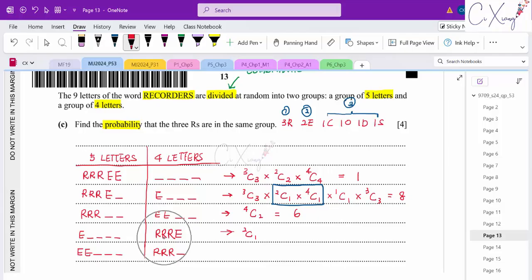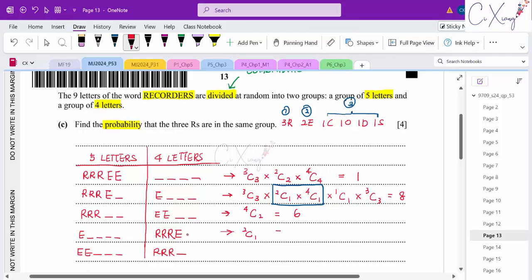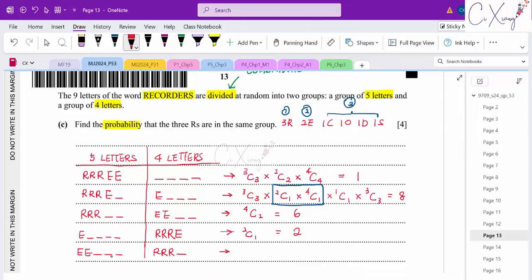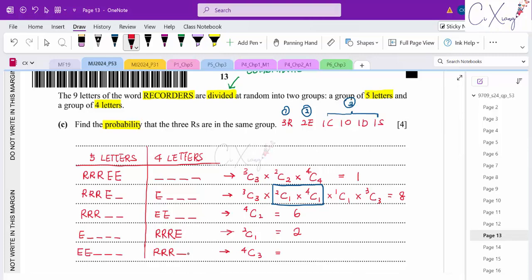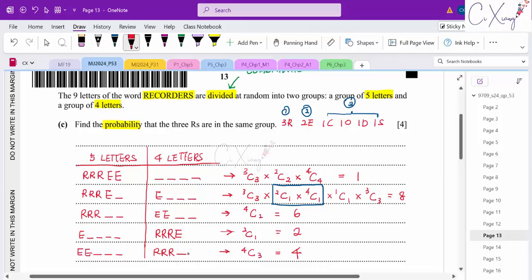Then in the 4 letters group, 3C3 for the R, 1C1 for the E. So for this case, you only have 2C1, which equals 2. Then for case number 5, this is 2C2 for the E. 3 empty spaces here, you are using 4C3. Then R, 3C3. The other letter is 1C1. So for this case here, you have 4.